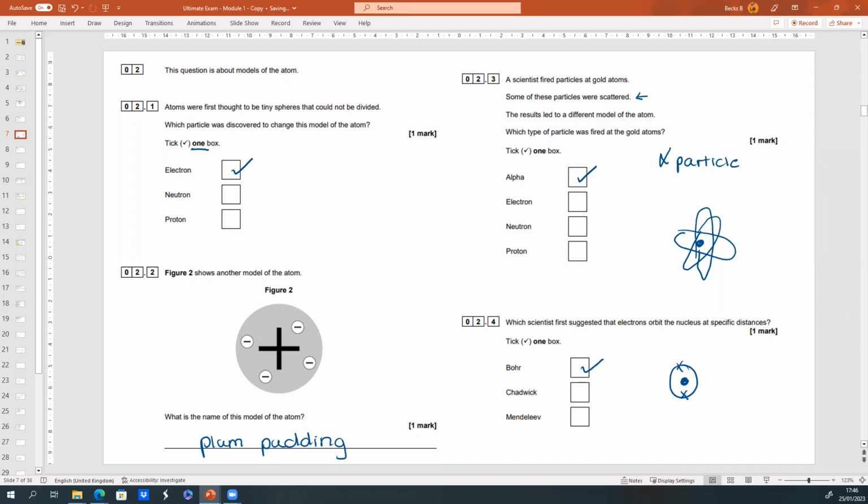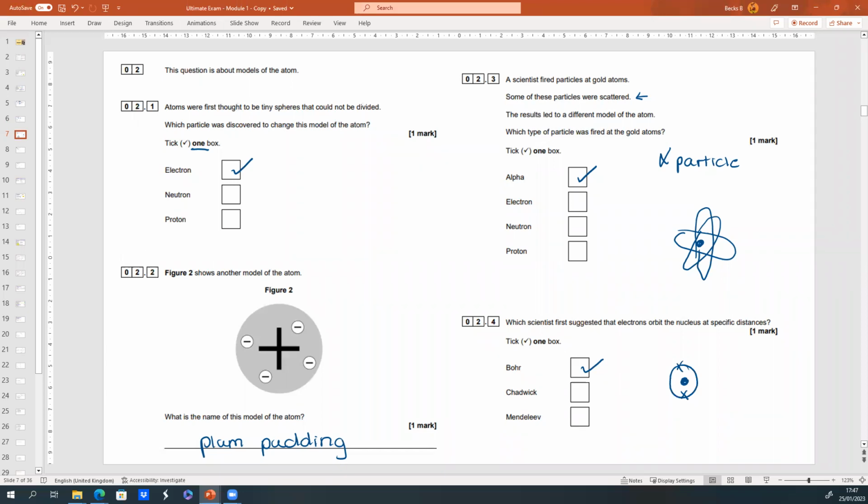So we started out as a solid sphere, discovered electrons, so thought it was a positive dough with electrons dotted within it. The alpha scattering made us realize that there must be empty space, because some of the alpha particles went straight through, some of them bounced back.